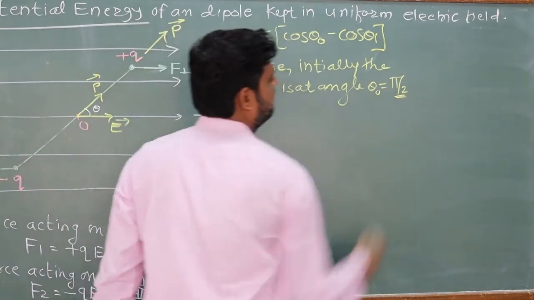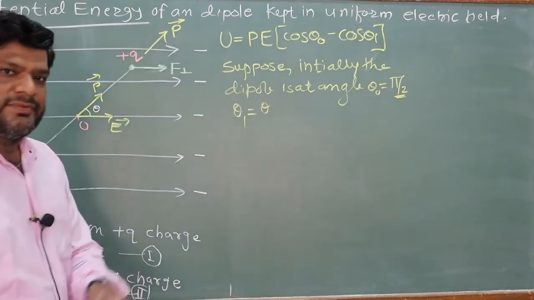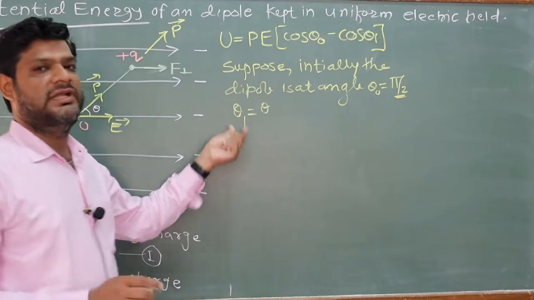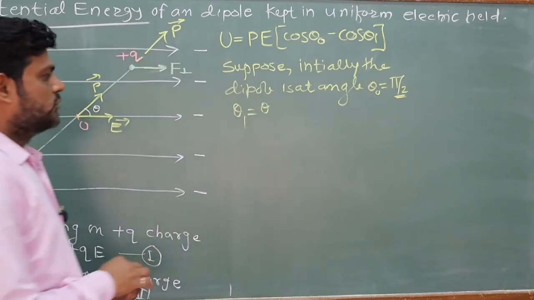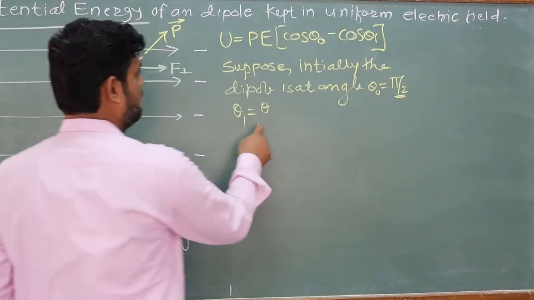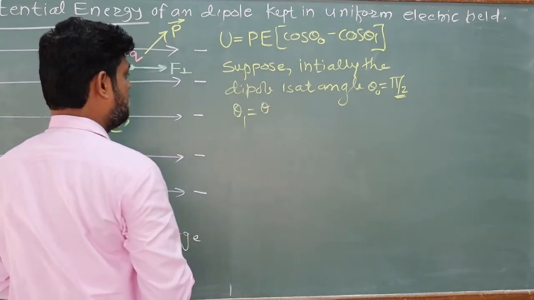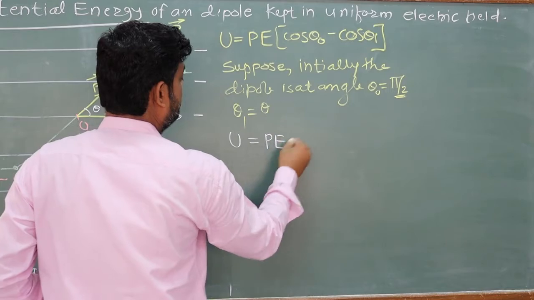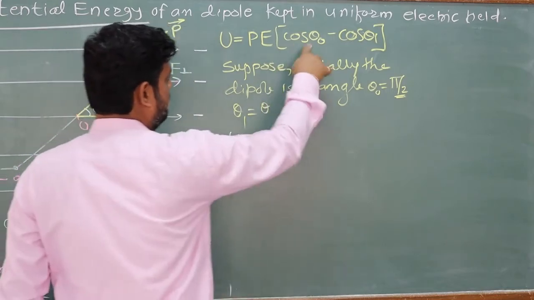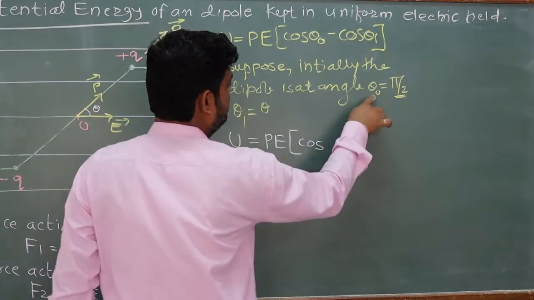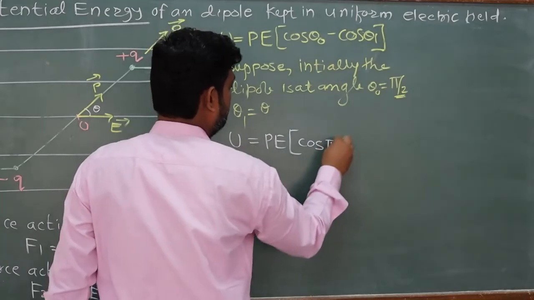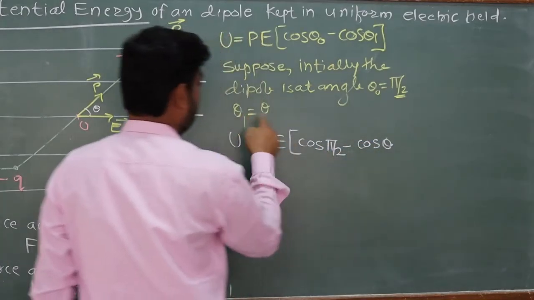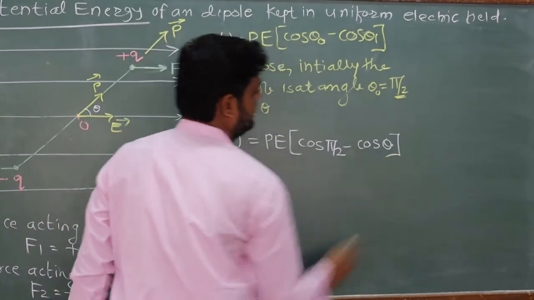Initial angle is pi by 2, and after rotating it, the final angle is theta. So putting the values over here, you will get the equation U equal to pE (cos theta 0, equal to pi by 2, minus cos theta). Theta 1 equal to theta, we are putting only theta.